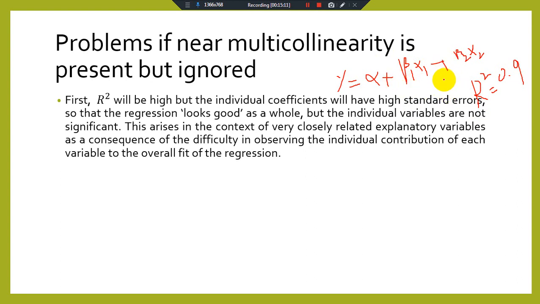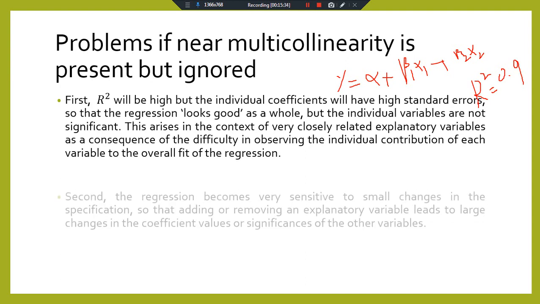So this creates the issue of multicollinearity between x2 and x3 or x1 and x2. This arises in the context of very closely related explanatory variables, as a consequence of the difficulty of observing the individual contribution of each variable to the overall fit of the regression.